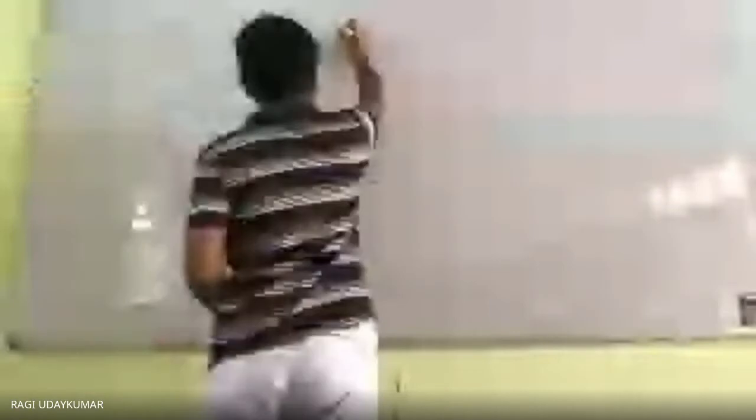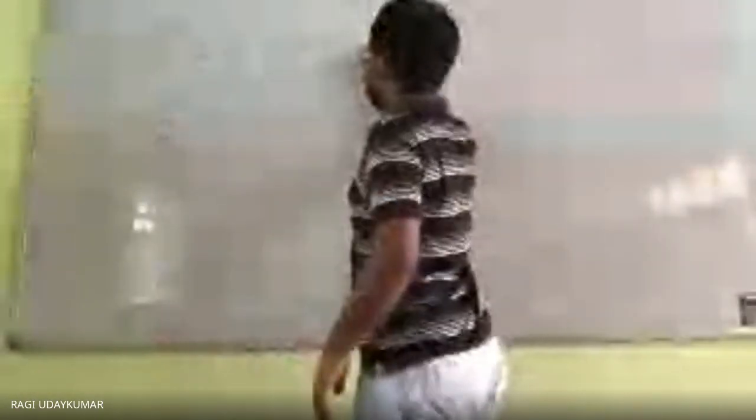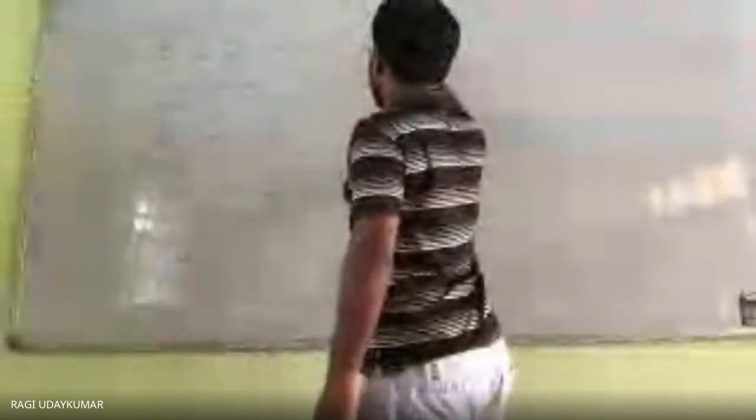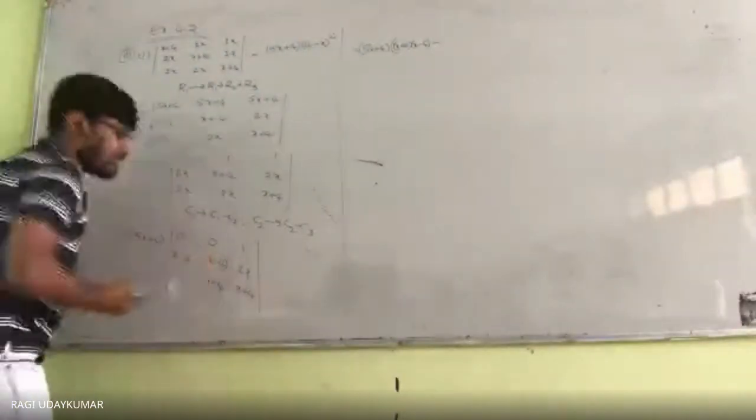Expand along the first row. Expanding along the first row, so what I will get here? 5x plus 4, 1 into the product of these two, x minus 4 into x minus 4. Minus will be there in the formula. And if you write here, this can be written as minus of x minus 4 now.